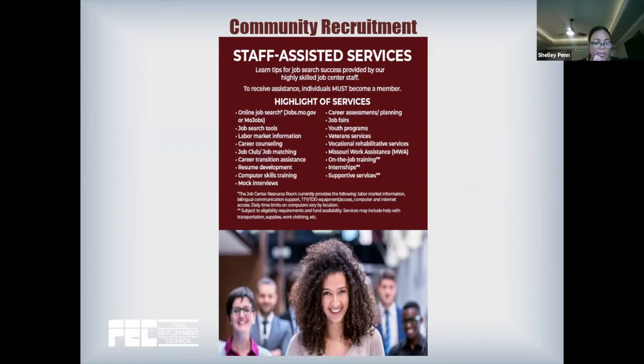I think the other thing that is critical, our approach is more of a sales. It's more of a sales of services versus programs. We don't talk about WIOA. We don't talk about the rules and the regulations. We don't talk about a contract.